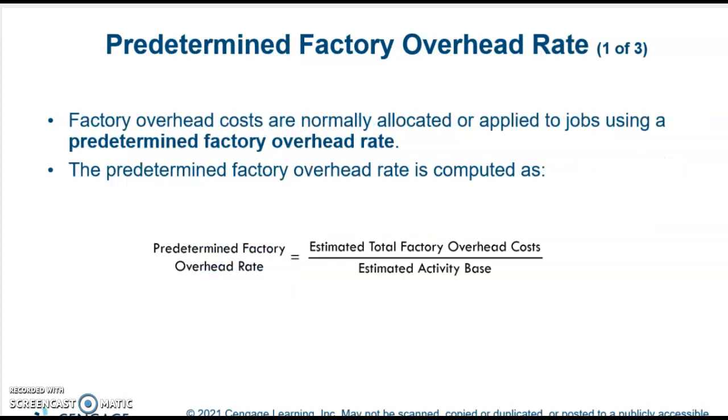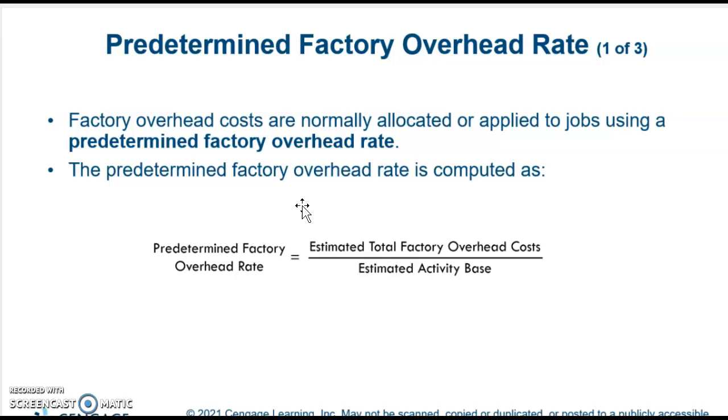And it's called the predetermined factory overhead rate, or sometimes you'll hear it called predetermined overhead allocation rate. It's got a few different names. Also predetermined manufacturing overhead rate.